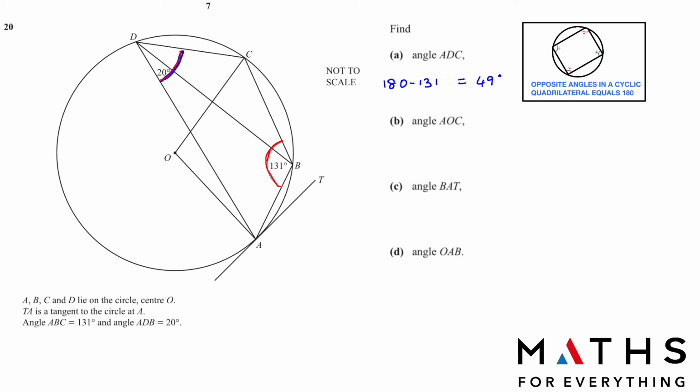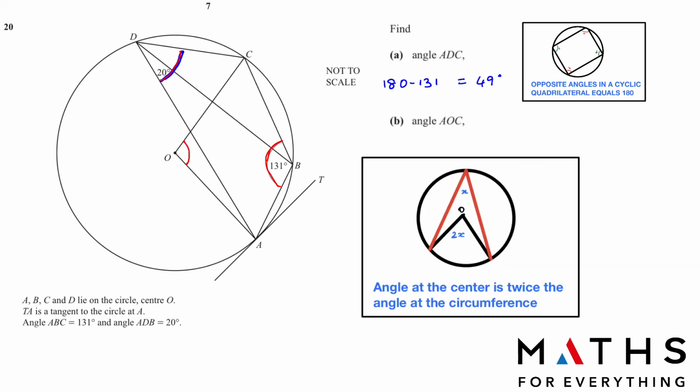The next we have to find angle AOC. So this is the angle that we want to find. For finding angle AOC, we are going to use the circle theorem: angle at the center is twice the angle at the circumference. Both the angles, the one at the center and at the circumference, must start from the same point, from the same sector. So here we have angle ADC and angle AOC.